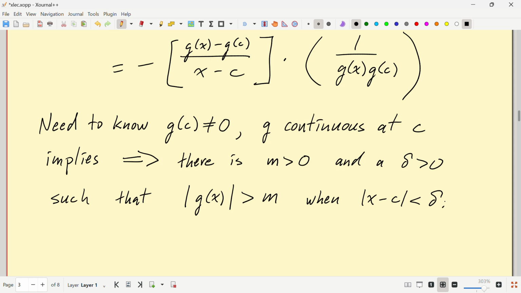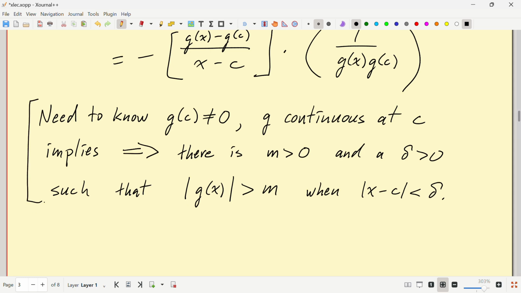We had some corollaries of that fact back when we needed it. We do need to know that, but we can use the facts about products of limits.